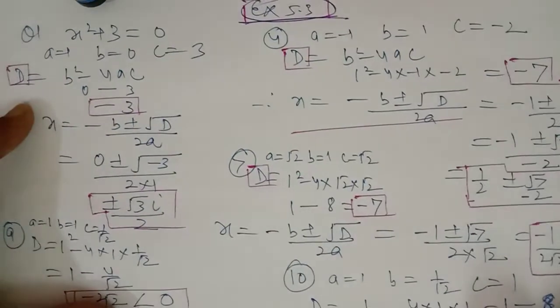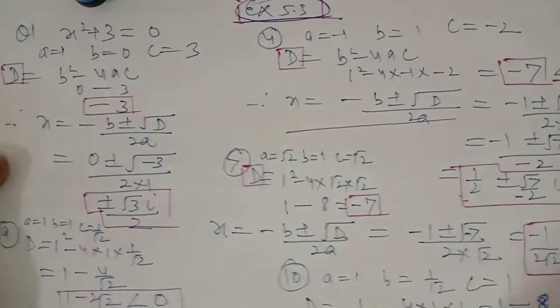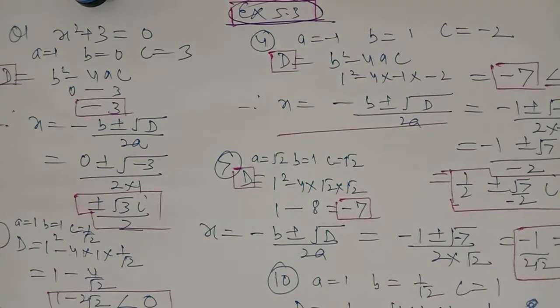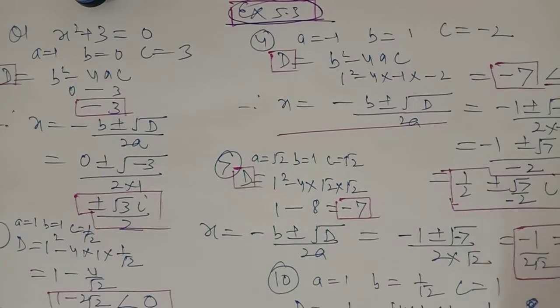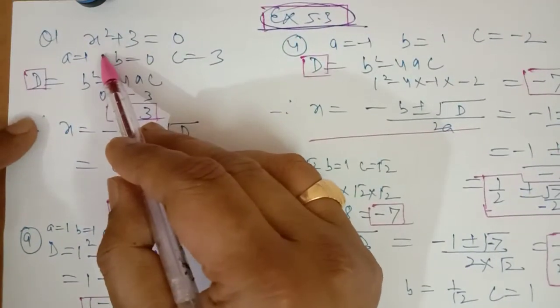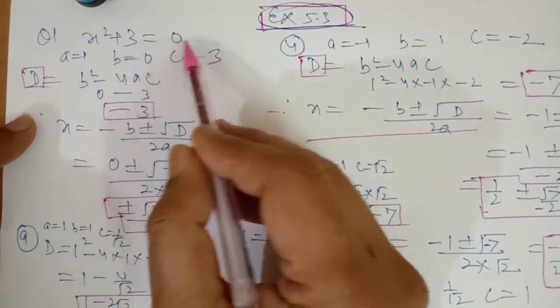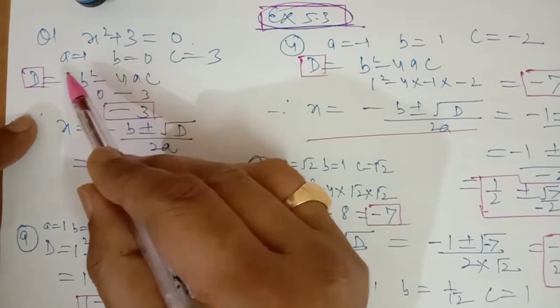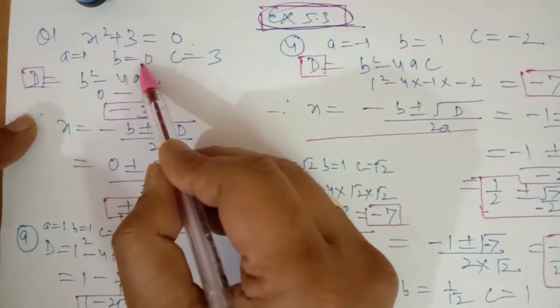Now in exercise 5.3, you have to solve the given quadratic equations. In all these quadratic equations, the discriminant will be negative, so the roots will be imaginary. So in exercise 5.3, x square plus 3 equal to 0. You know how to solve a quadratic equation. a here is 1, b is 0, c is 3.